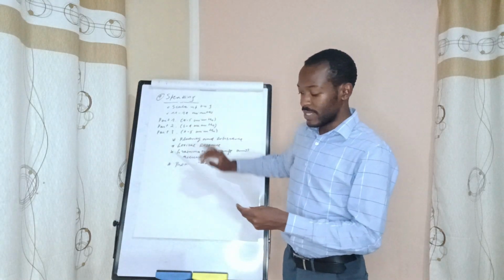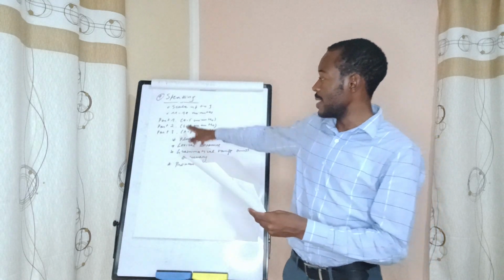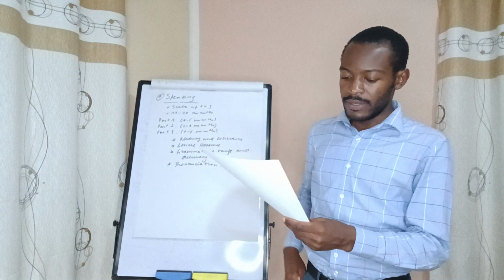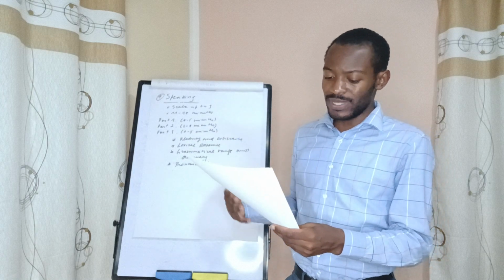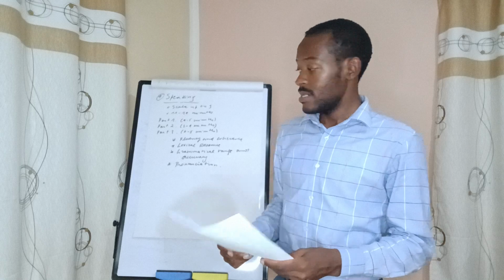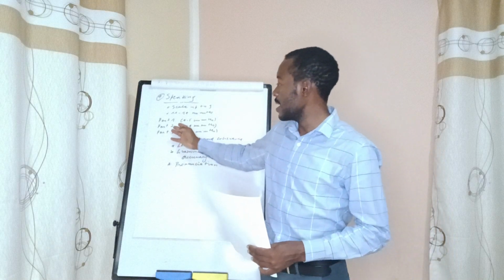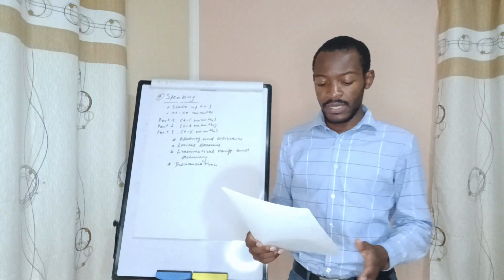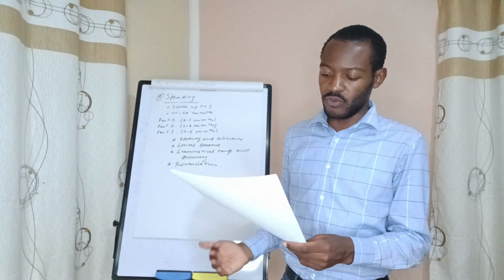Now, in the first part of the test, the interviewer will ask you questions on familiar topics, for example, hobbies, likes and dislikes. In the second part of the test, you will be given a booklet with a topic.